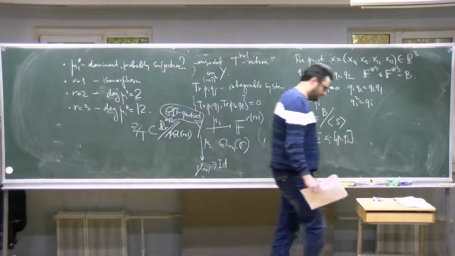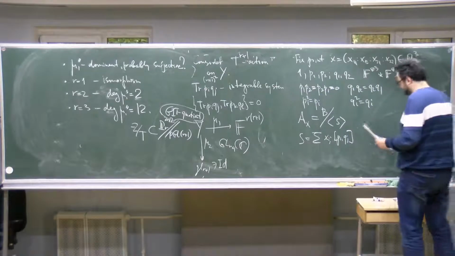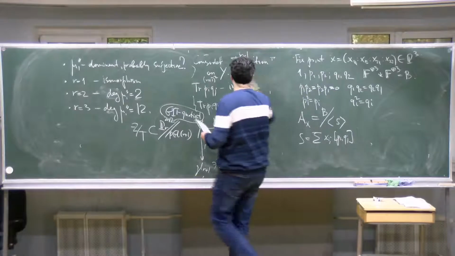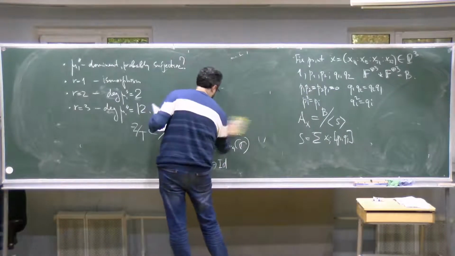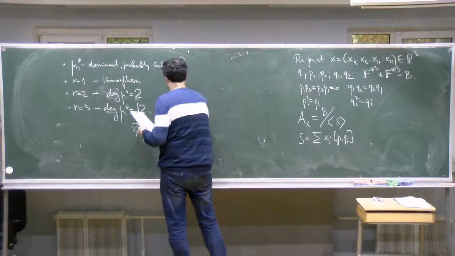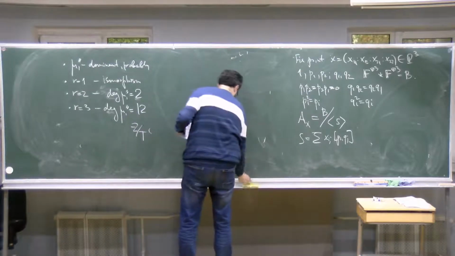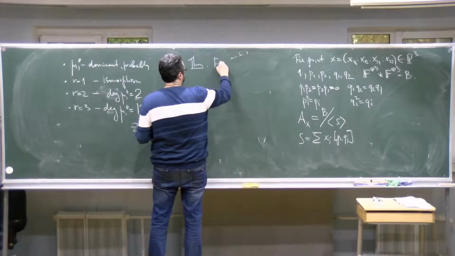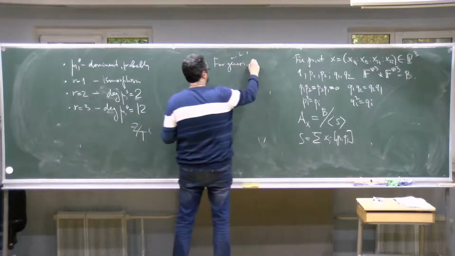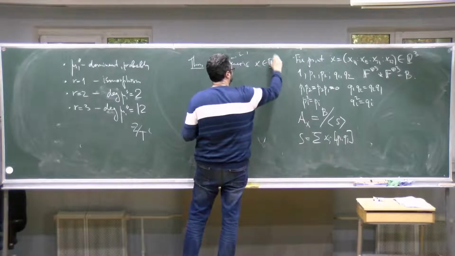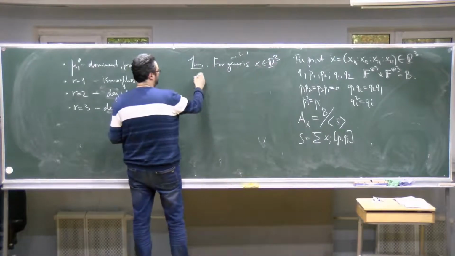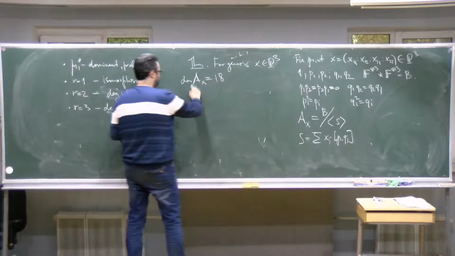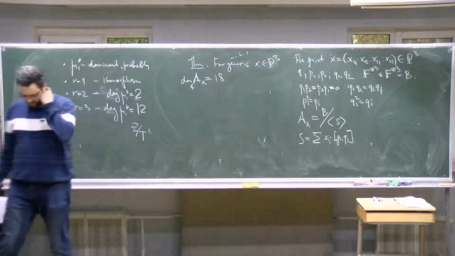So what can we say about this algebra for generic X? We have the following answer to this question. Theorem: for generic X from P3, algebra AX has dimension 18.